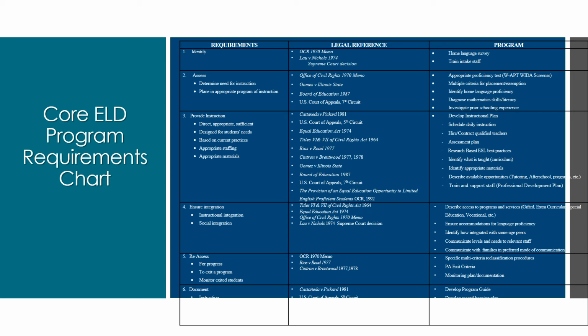And if parents want to sue the district or the charter school, lawyers will look at these legal references in order to make up their cases. That is why it's so important that we understand why we need to do things in a certain way.